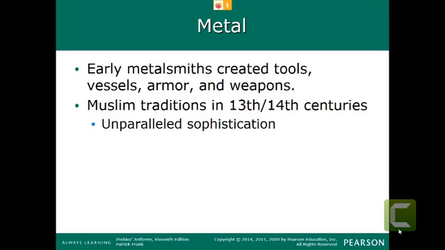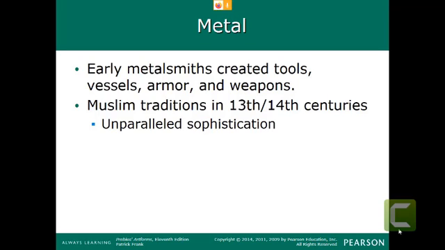And because of that boost that the Islamic culture brought into these European cultures, it helped stimulate the economy. Not too many people know about that influence, but it was very instrumental.